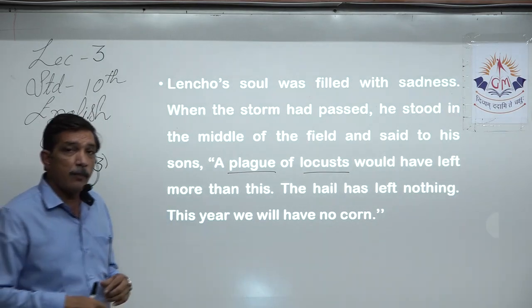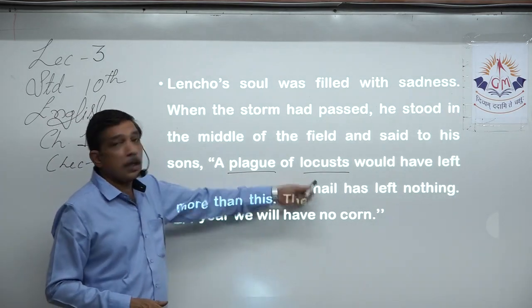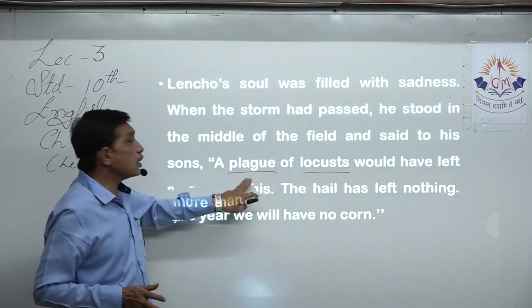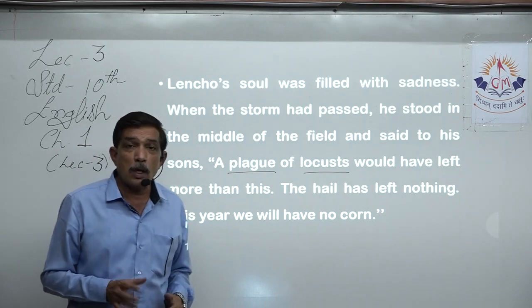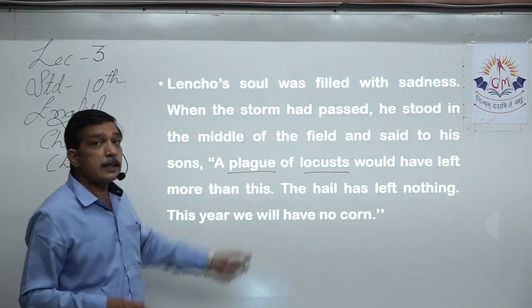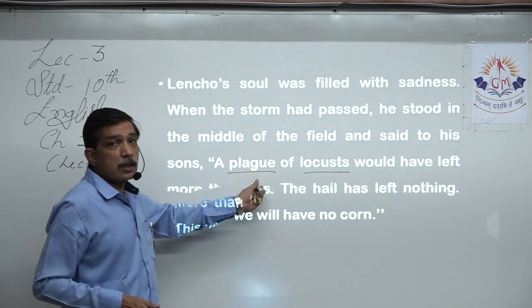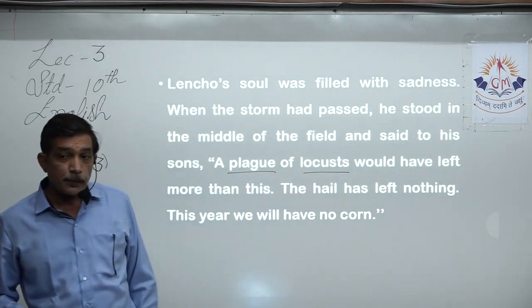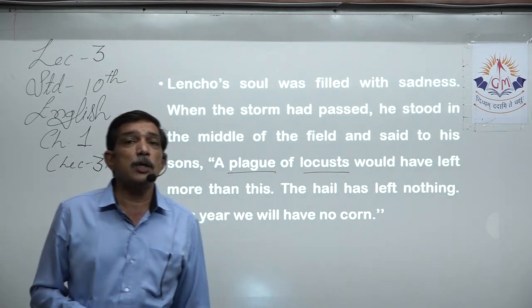So now you understand. When the locusts fly in millions, that is called a plague of locusts. The plague is a disease, but here it's not a disease, it is the collective noun for the insects, because they fly in huge numbers.